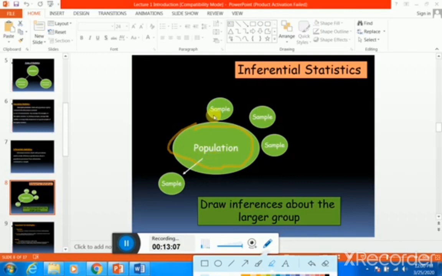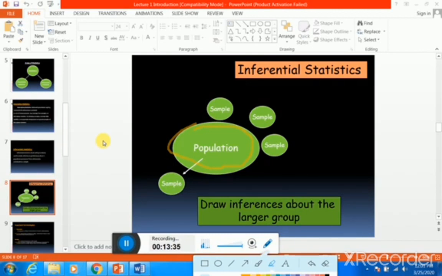Now these are the small parts which we have taken from your population data. When we study these small samples and make a conclusion from these samples about the population data, such inferences about the large group or large population are simply known as your inferential statistics. Hope the idea is clear right now.